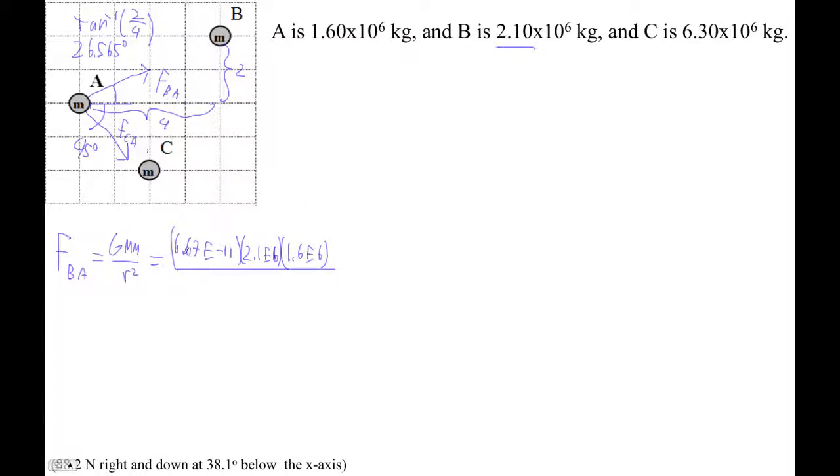And then our distance from B to A is 4 and 2, right? So 4 squared plus 2 squared. Now, really, we've got to go square root of that and then square that, right? But of course, the square root and the square just go away, right? So you can just go 4 squared plus 2 squared. Okay, so let's figure that out.